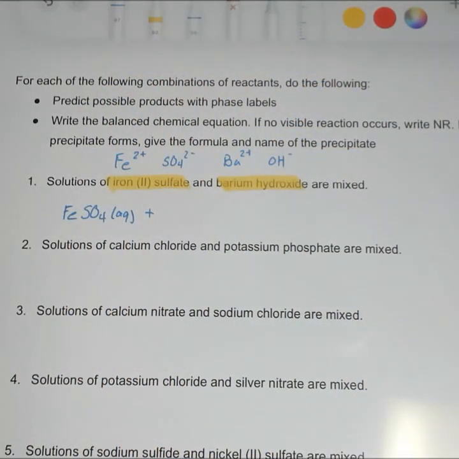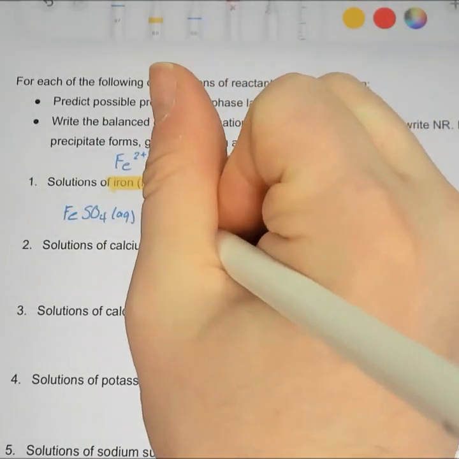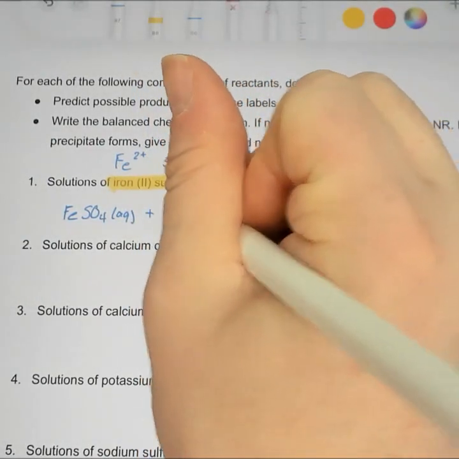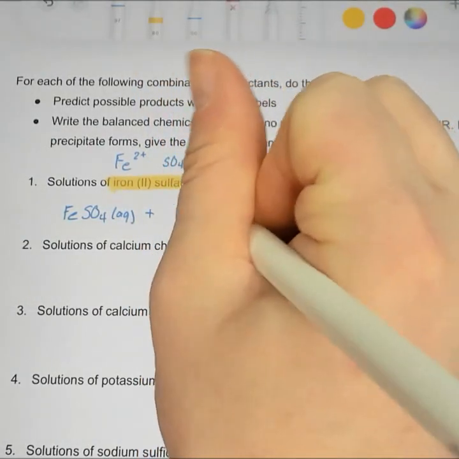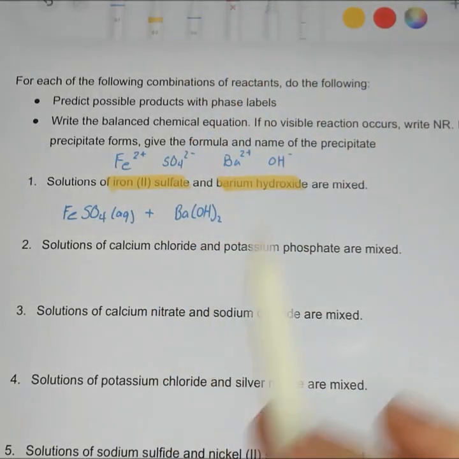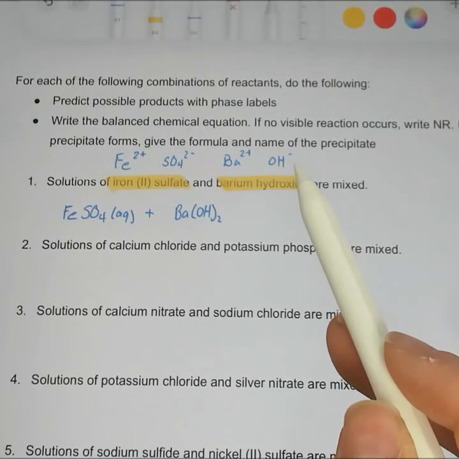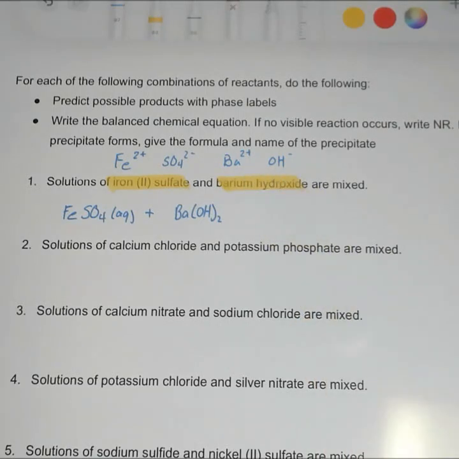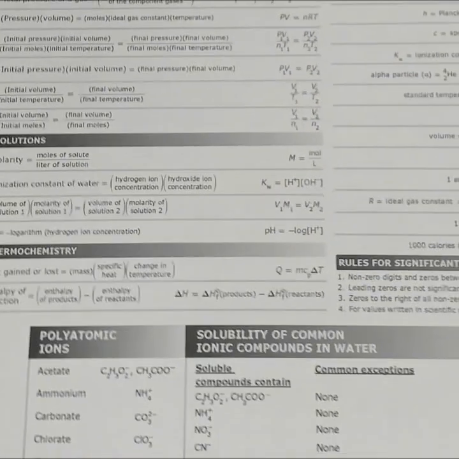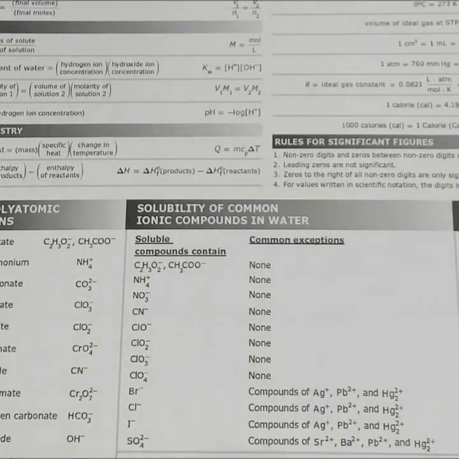Plus, we have barium hydroxide. That is Ba(OH)2. Again, I got the 2 by looking at the charges. 2 plus, 1 minus, so I need 2 hydroxides to cancel out that 2 plus. Again, we have hydroxide.